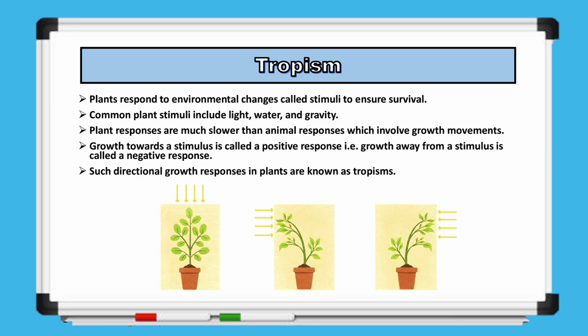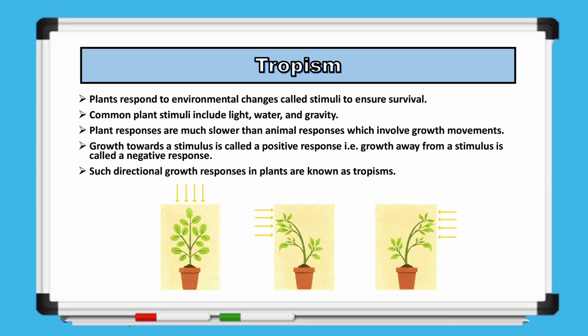Plants react to changes in their surroundings, which are known as stimuli, to help them survive and grow effectively. These stimuli can include factors such as light, water, and gravity. Unlike animals, whose responses are usually quick and involve movement of the body, plant responses occur more slowly and mainly involve growth movements. When a plant grows in the direction of a stimulus, this is called a positive response.